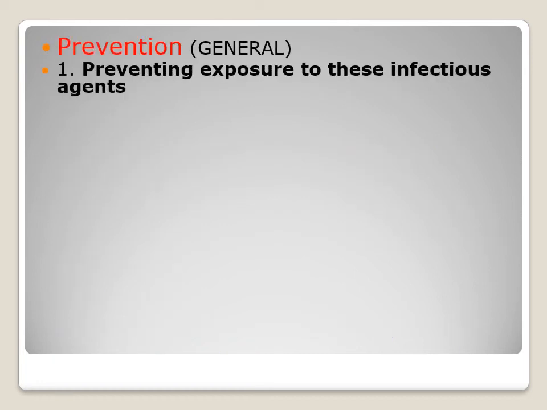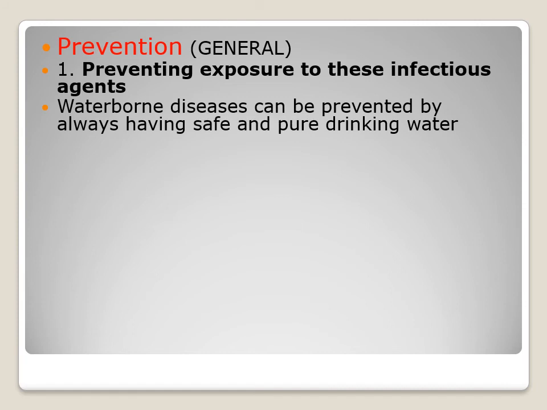Now let's come to general prevention. There are two important ways by which general prevention can be done. One is preventing exposure to infectious agents. For example, waterborne diseases like typhoid and cholera can be prevented by having safe and pure drinking water.